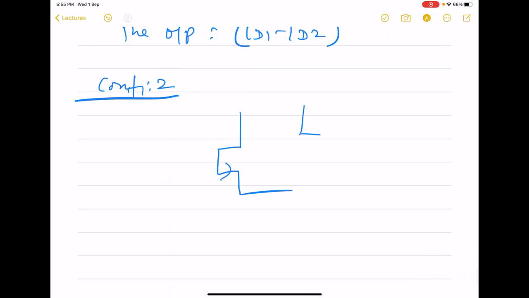That is, the sum of the drain currents flowing through the two MOS is constant here. So here this voltage is not fixed to any specific value. This will be varying with the input.